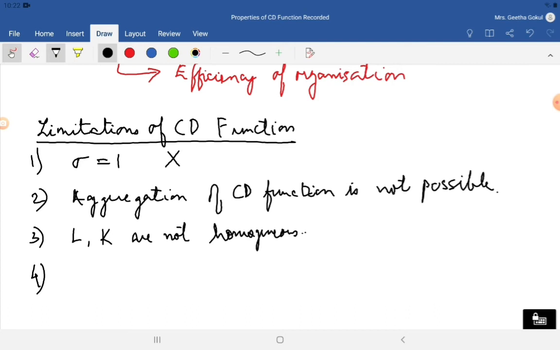And finally, the most popularly used form of the Cobb-Douglas function is the constant returns to scale Cobb-Douglas function. In many empirical studies, it is the constant returns to scale Cobb-Douglas function which has received the most attention and is the most popular.